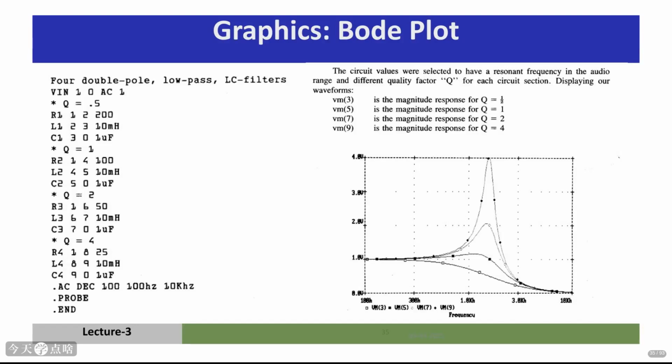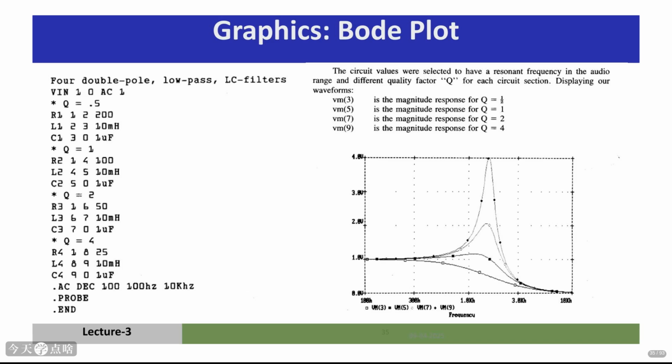And here's the magnitude response from Probe. We plotted the output voltage at nodes 3, 5, 7, and 9, which correspond to the outputs of the sections with Q equals 0.5, 1, 2, and 4, respectively. As you can see, the filter with the highest Q equals 4, VM(9), has a sharper peak near its resonant frequency.